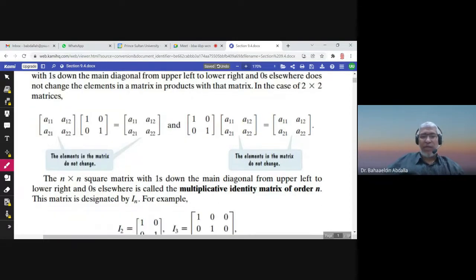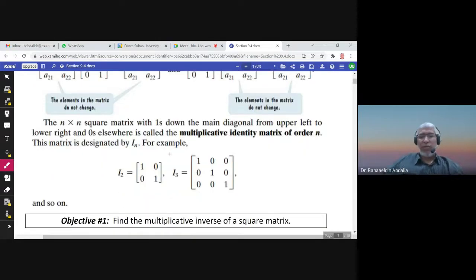This identity matrix has this form, 1, 0, 0, 1. On the main diagonal we have 1, and the other entries are zeros. If you multiply any matrix by 1, 0, 0, 1 from the left or from the right, you will get the same matrix. So the multiplicative identity matrix of order n would be the matrix In.